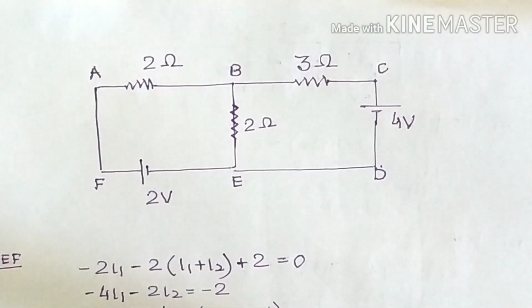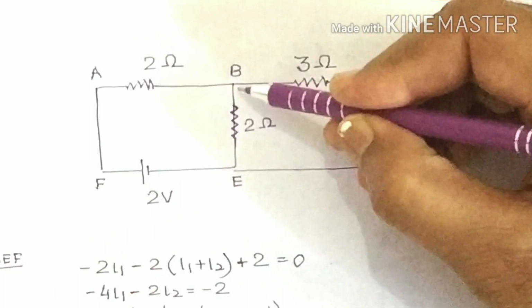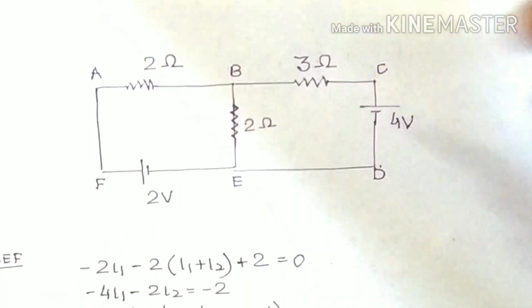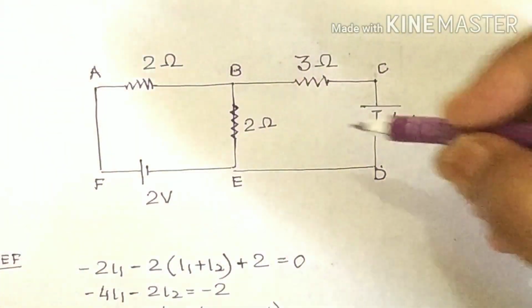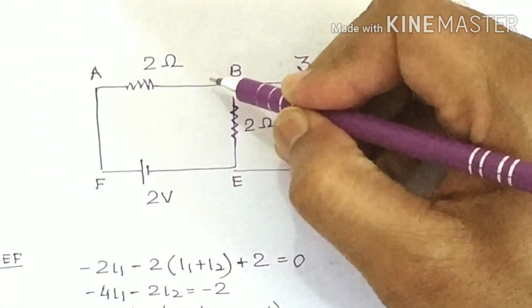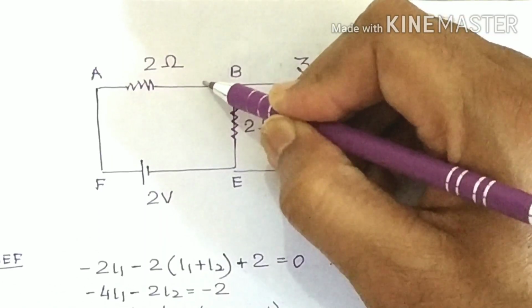So how can I draw the current? In the previous question I discussed that you are free to take any direction. Now see the node point. Let us consider B. At the point B, I am drawing the direction of the current like this.